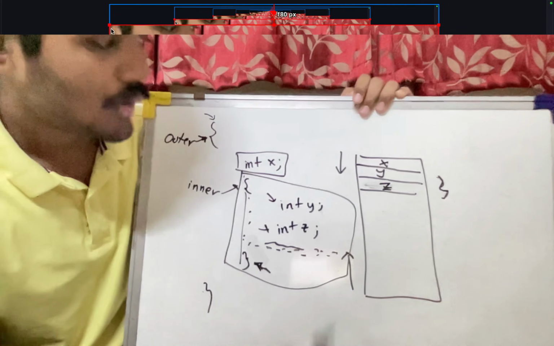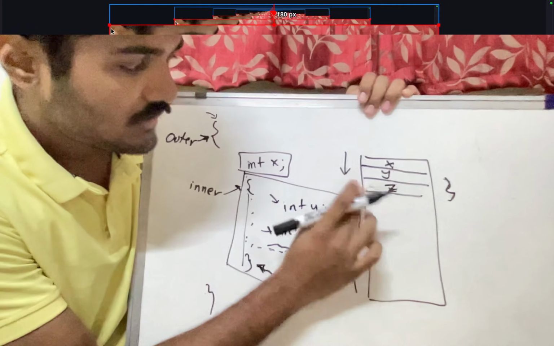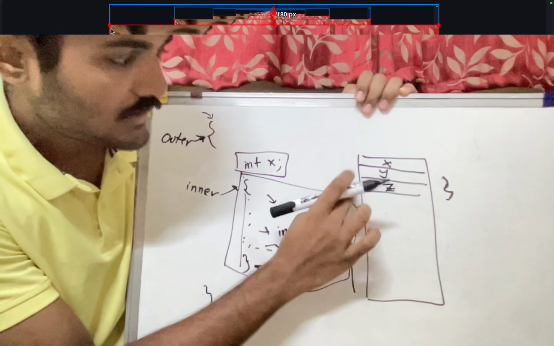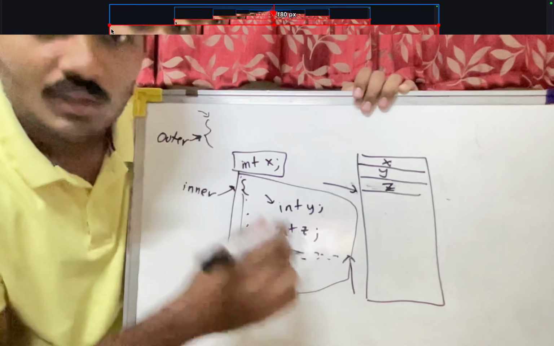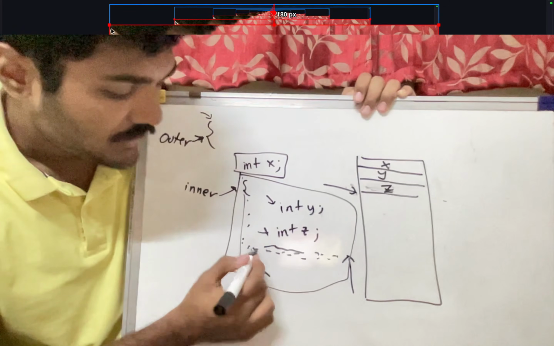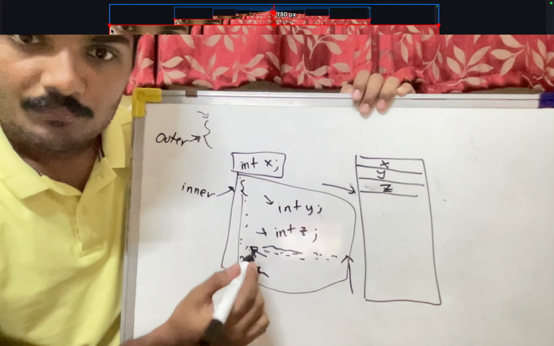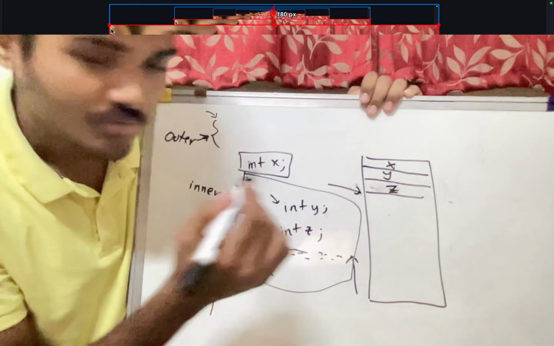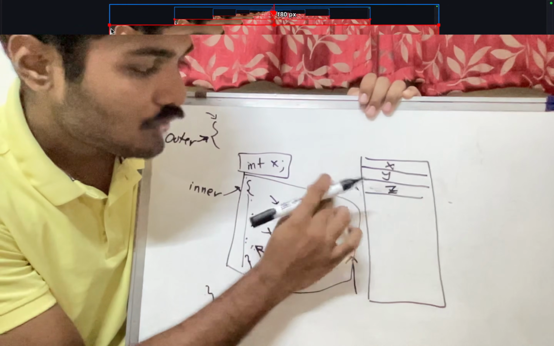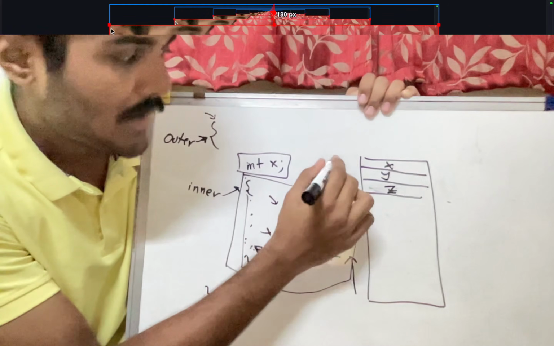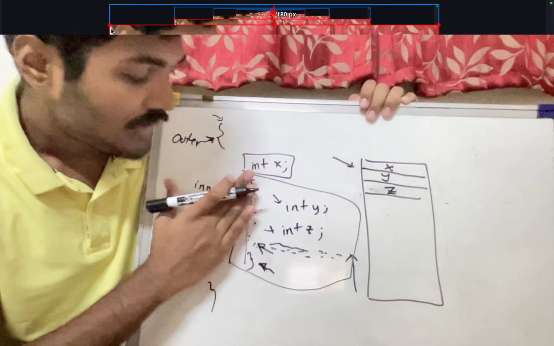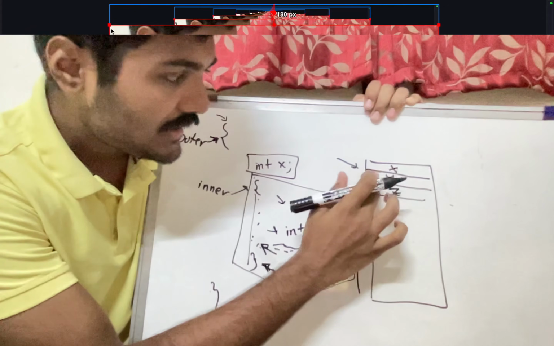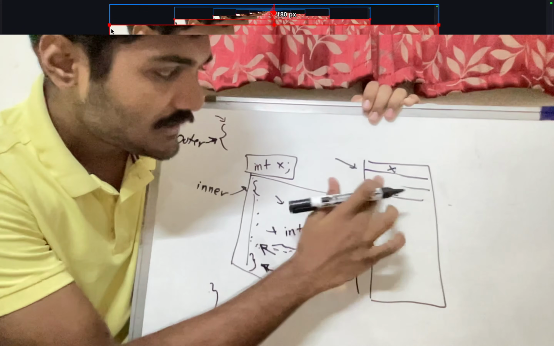So let me just erase this. Let's say this was the stack pointer when we reached this point of the code. What we have to simply do is move this pointer back to x. Why is that? Because now we have destroyed int y and int z.